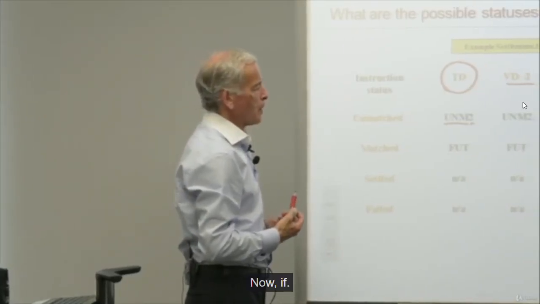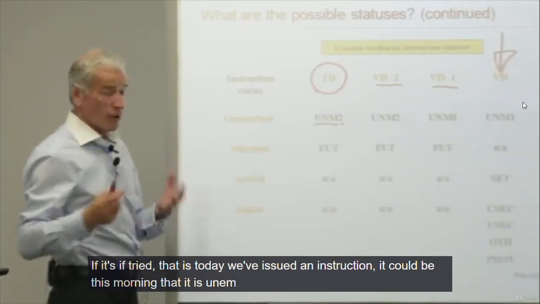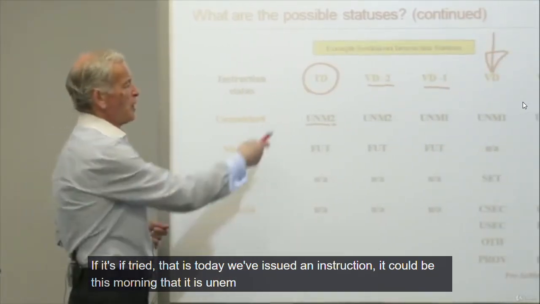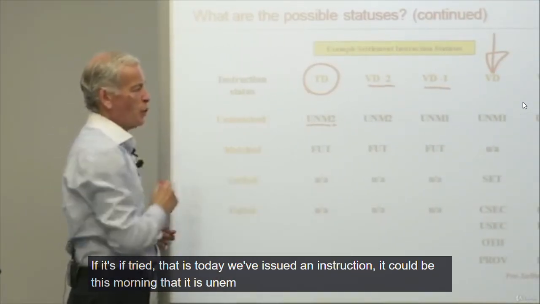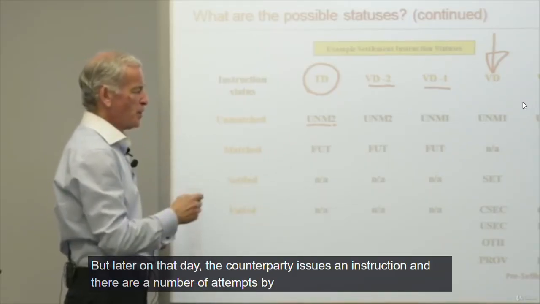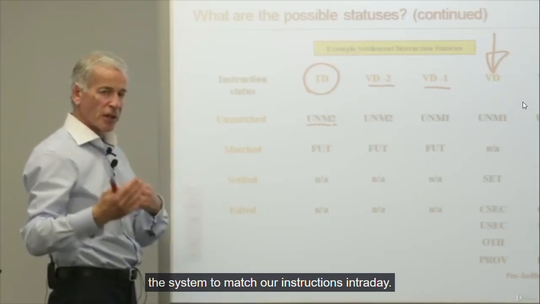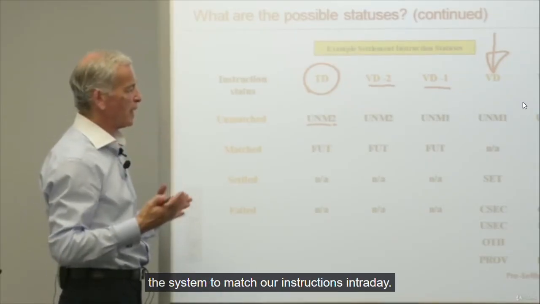Now, if trade date is today, we've issued an instruction, it could be this morning that it is UNM2, but later on that day the counterparty issues an instruction and there are a number of attempts by the CSD to match our instructions intraday.